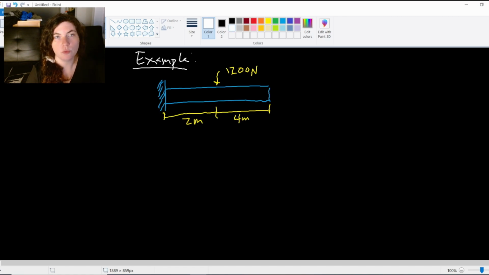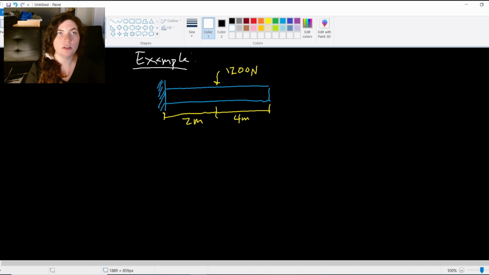In this example, we're just given a simple beam and it only has one single applied force on it. It has one 1200 Newton force acting on it, and it has a fixed connection on the left-hand side, right? It's attached to a wall. So if I want to draw the free body diagram for this, what I always do is draw the outline of the body.